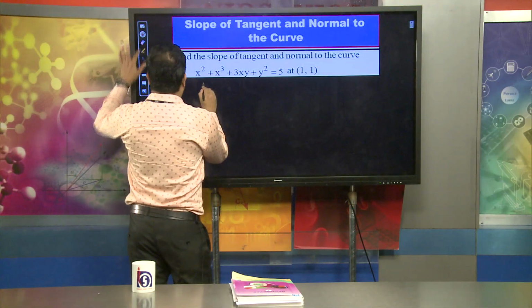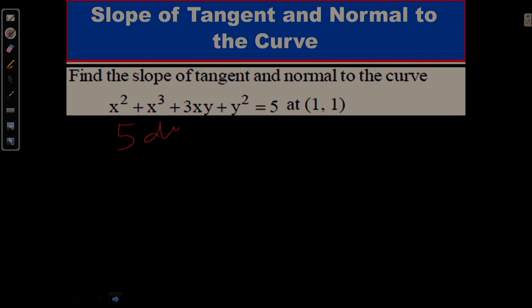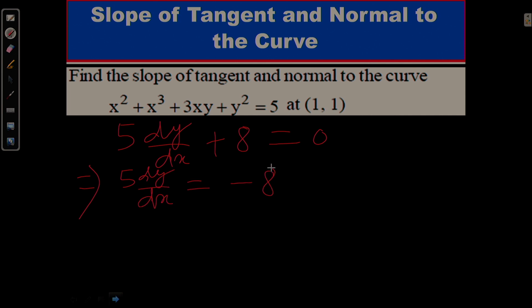I can write 5 dy by dx plus 8 equal to 0. So, 5 dy by dx is equal to minus 8. Now dy by dx is equal to minus 8 by 5.